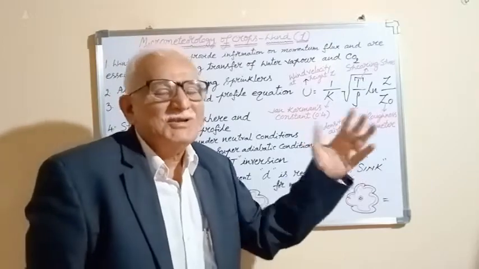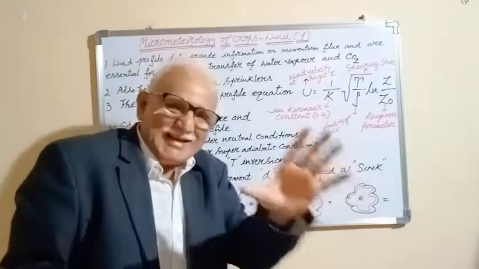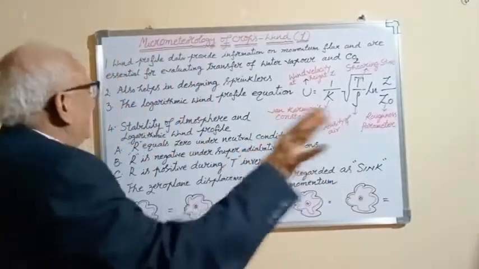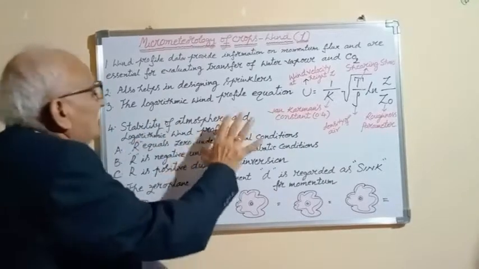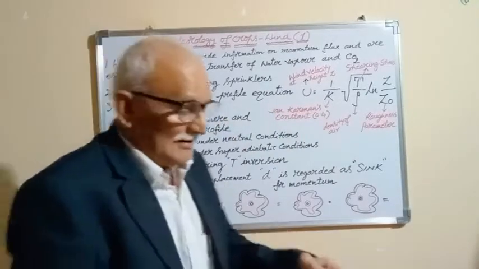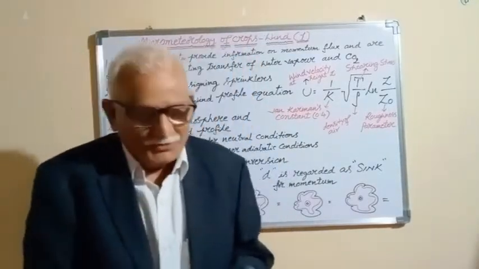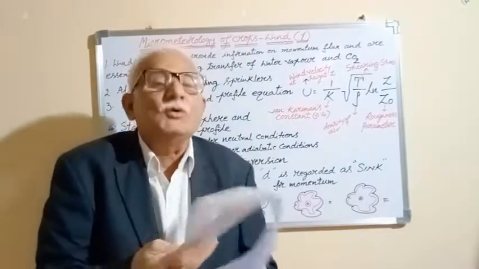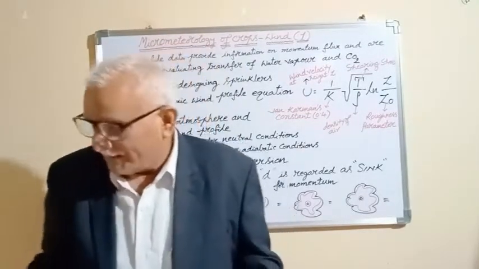In the old books you will find only roughness. Right. Now what is that? We discuss it elaborately in this class itself. Before we go to stability and the logarithmic wind profile, I would like to enlighten you on two important points.